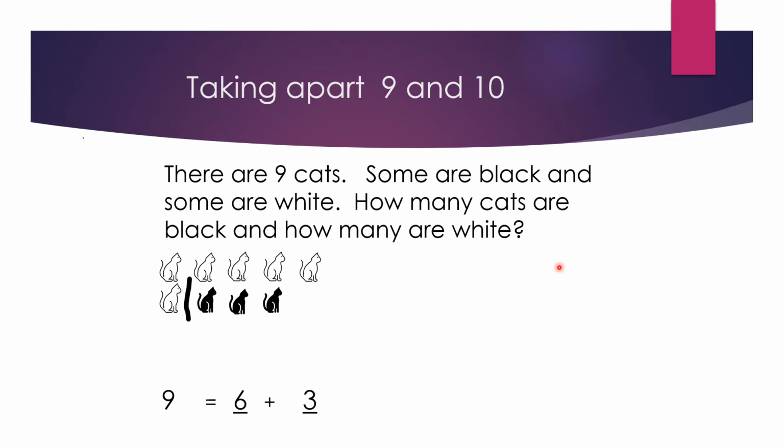Kindergarten, after we read our number story, we discovered that there were how many cats altogether? That's right, 9 cats altogether. So that means we needed to draw 9 cats in an organized way.